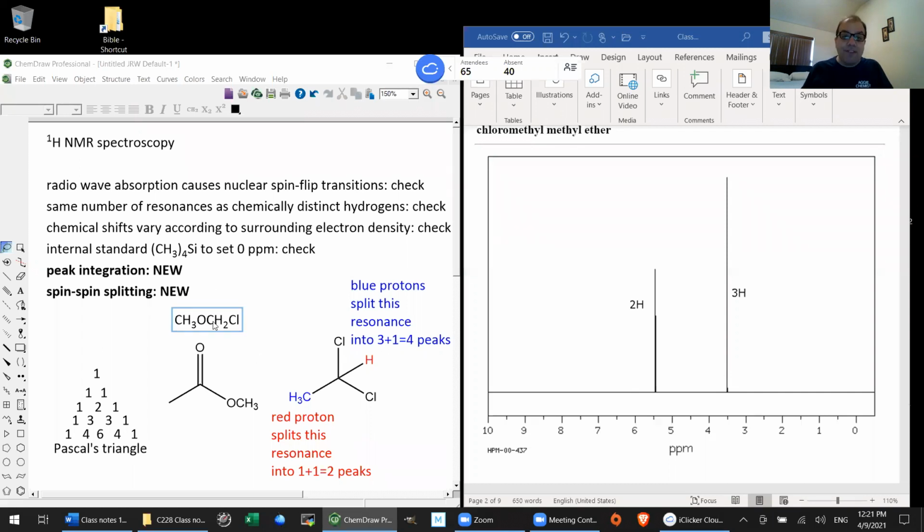And that's going to be the CH2 resonance that's pulled downfield extra by being between the oxygen and the chlorine. But other than that, this spectrum, I think you'll agree with me, is entirely consistent with that structure. We expected and found two types of hydrogen. We expected them to be in a 3:2 ratio. Indeed, they are. And the chemical shifts make sense as well.